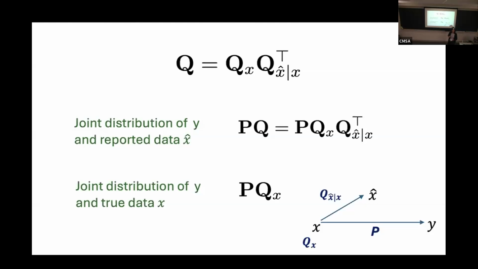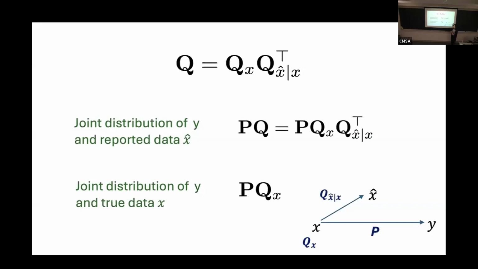So I think I didn't introduce anything new. This is really just the basic setup. But what we want to do is really understand the structure behind what we can observe and what we do not observe. Because our hope is that what we can observe is the distribution of x hat and y, right? So in some sense, what we can possibly observe, if we have enough data, will be this p times q.